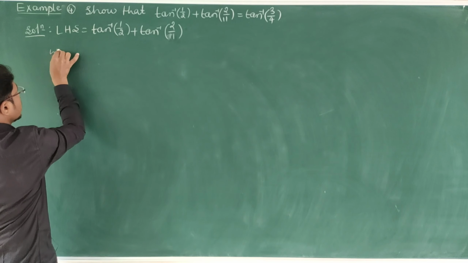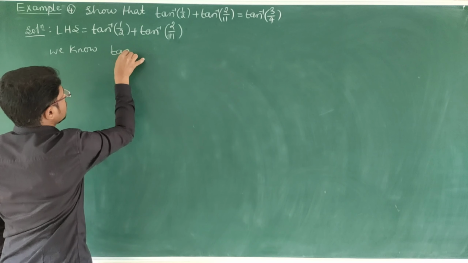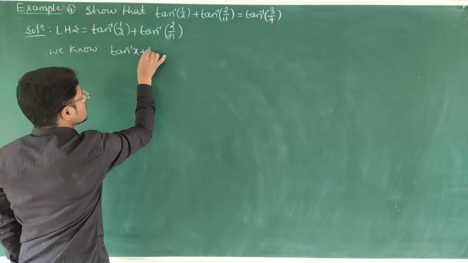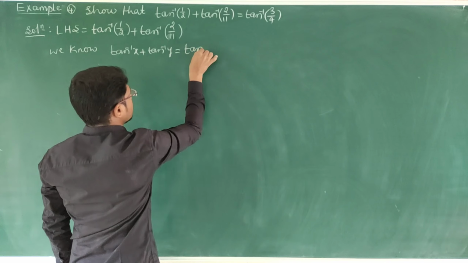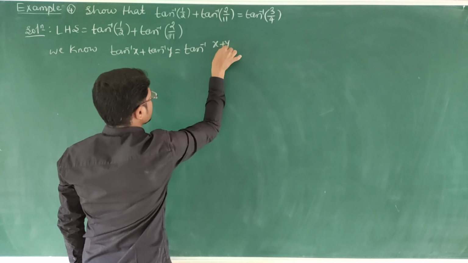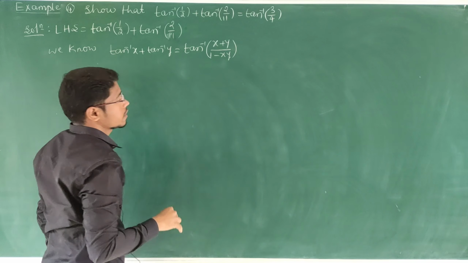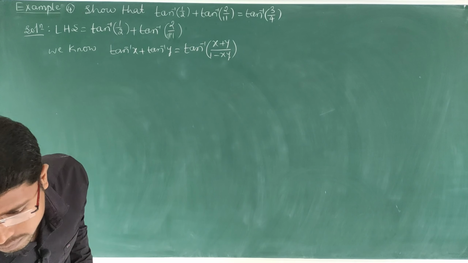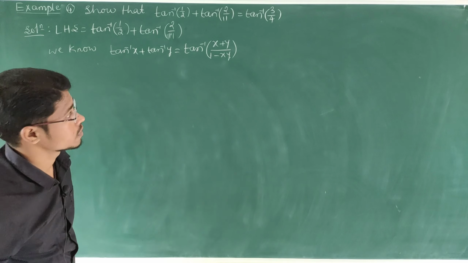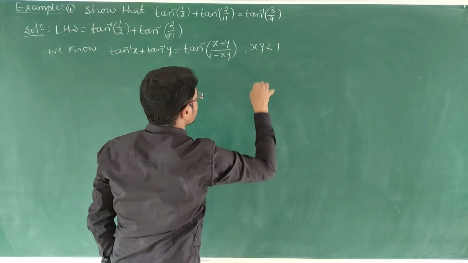So we know that in yesterday's class I have explained the formula: tan inverse of x plus tan inverse of y is equal to tan inverse of x plus y divided by 1 minus xy, right, when x into y is less than 1.